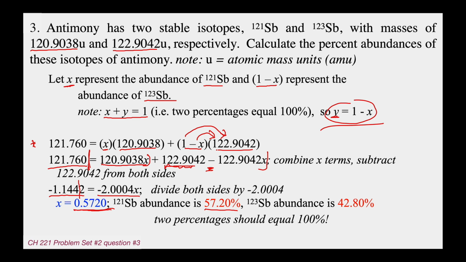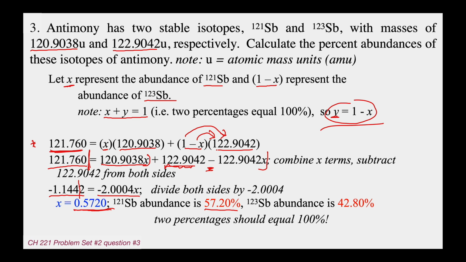Couple of things. Both of the abundances together should equal 100%, or 1 if you're using the decimal version. And then finally, you can use these numbers and see if it makes sense based on the average. Now, 121.760 is closer to 121 than it is to 123.